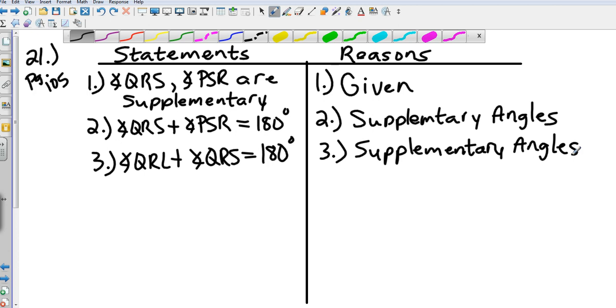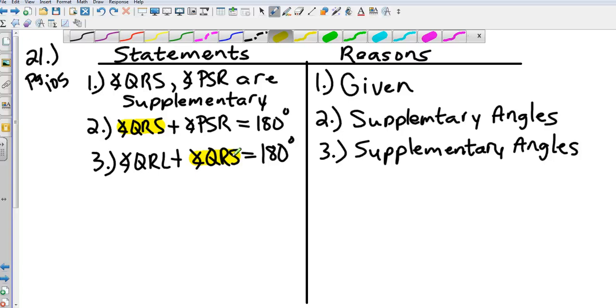So now you'll notice that QRL and PSR are supplementary to the same angle. In steps 2 and 3, you'll see that QRS is there. And we know by the theorems we were just using, that's going to be theorem 2.4.